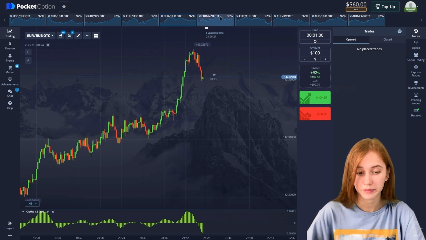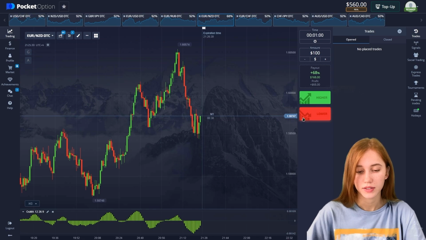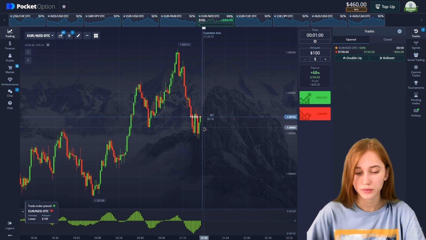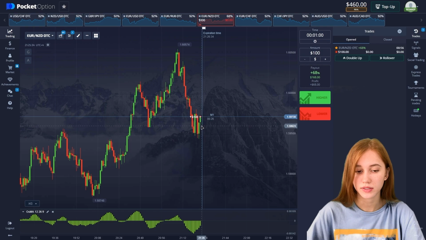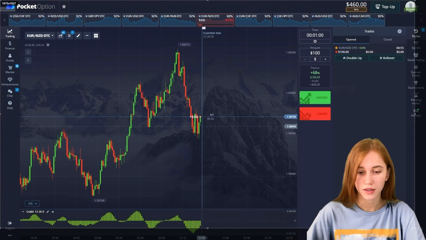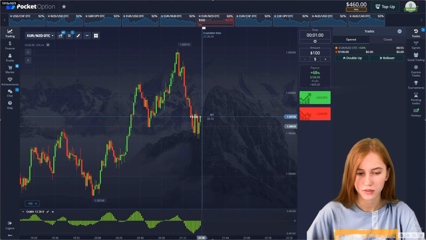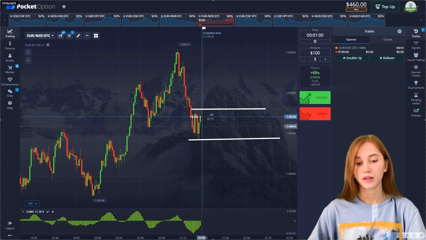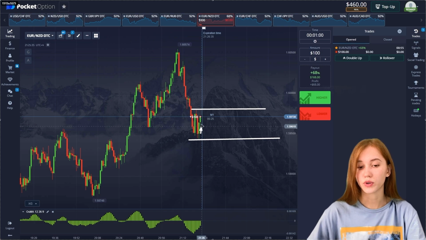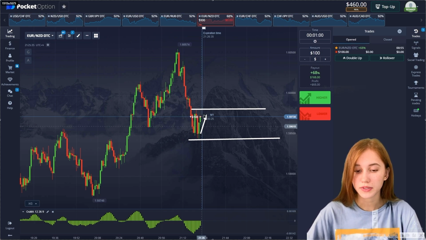Next concept pair. So we open down. We see an area of resistance, and highlight this and the support area. So a good green candle has formed. Most likely there will be a rollback.